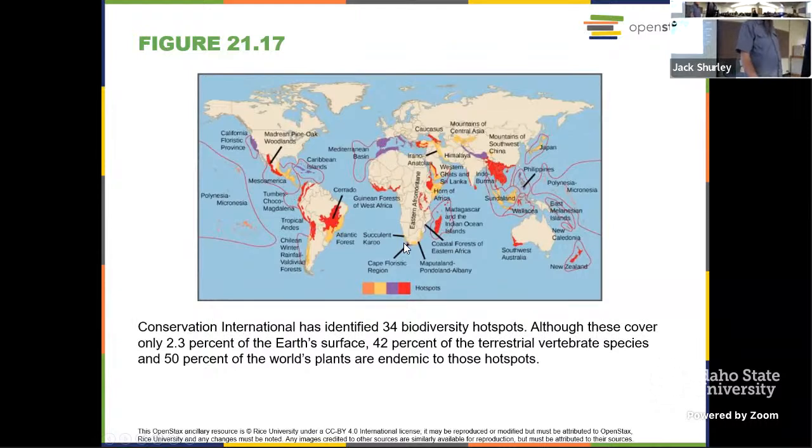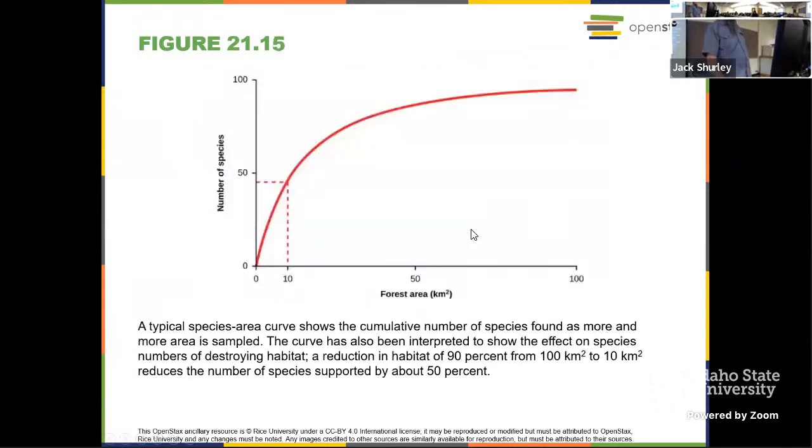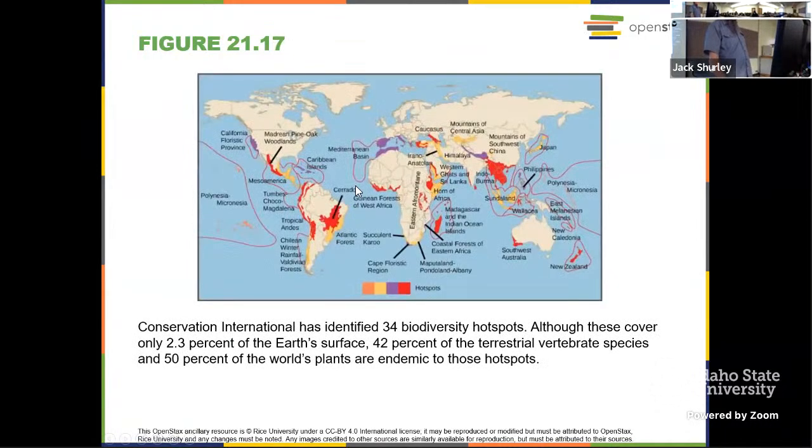We've got them color coded as far as what's happening, but the red are the greater concerns for preservation, giving them ample resources and space to ensure that we can maintain the diversity.